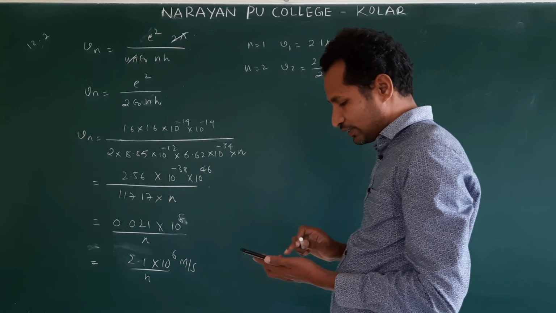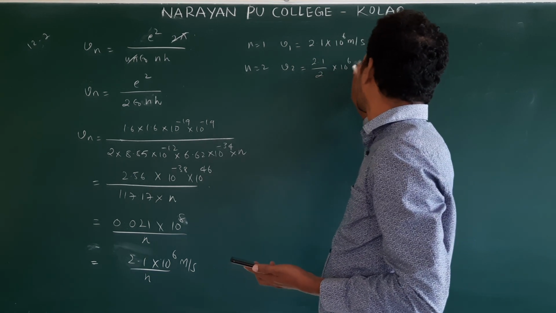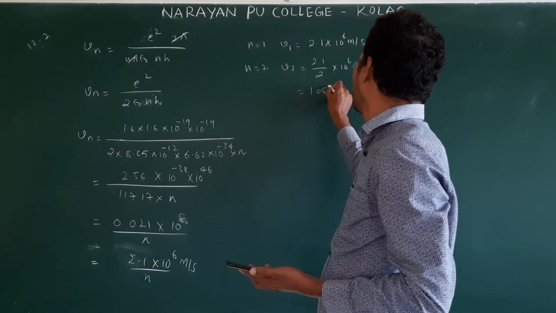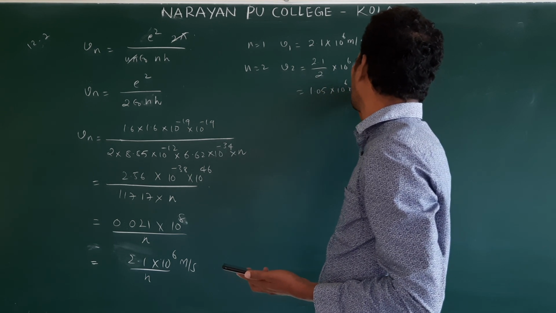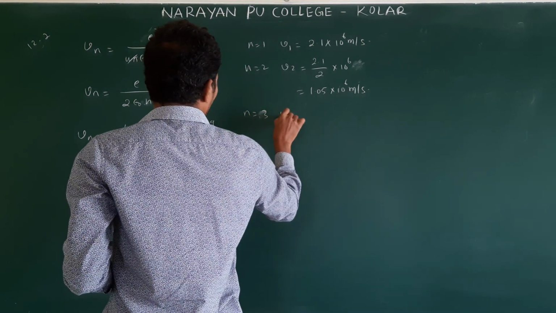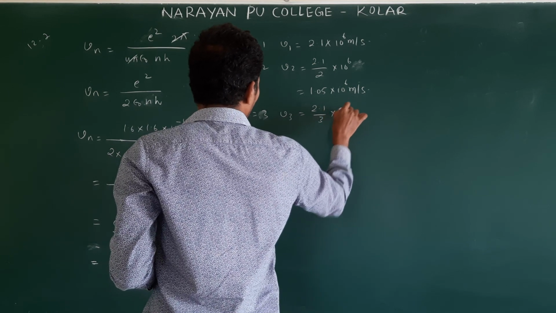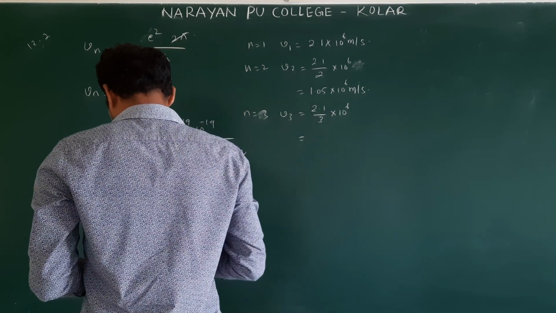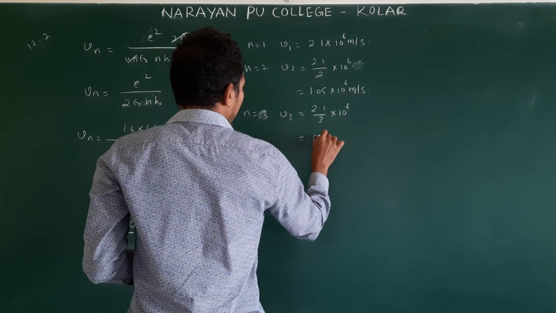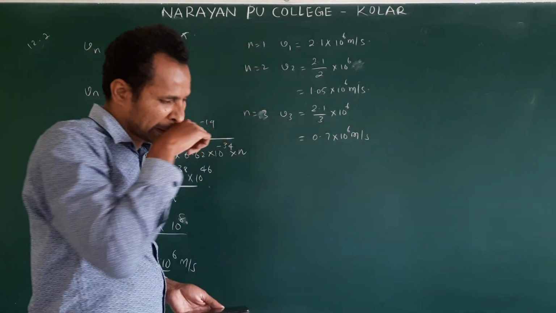First we will do the calculation: 2.1 divided by 2 is 1.05 into 10 power 6 meter per second. N is equal to 3, V3 is equal to 2.1 by 3 into 10 power 6, so this is 0.7 into 10 power 6 meter per second.